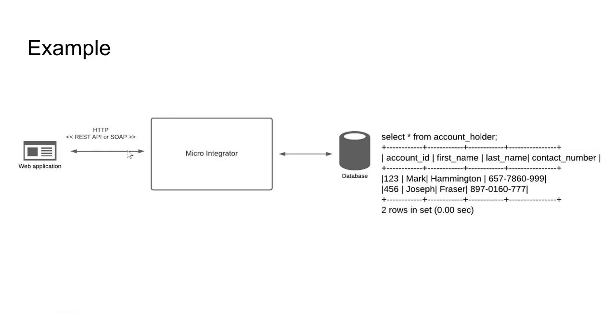When the REST API sends the account ID 123 in a query parameter or something similar, we will extract that value within the micro integrator data service logic, and pass that to the SQL statements and fetch these details. A very simple scenario. That should show you the steps needed to create a data service within micro integrator, specifically within the integration studio.